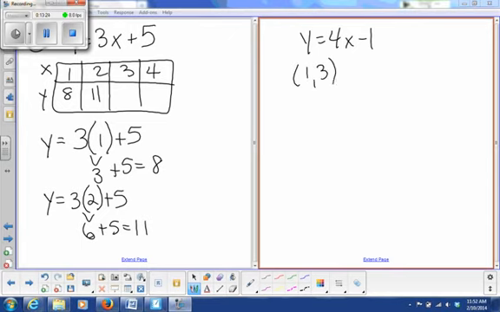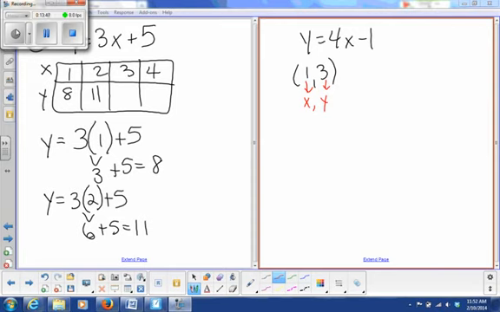What is number 1? Is it an x or a y? X. Which makes this one y, right? It's very important that you know that about ordered pairs. The first number is the x. The second number is the y.